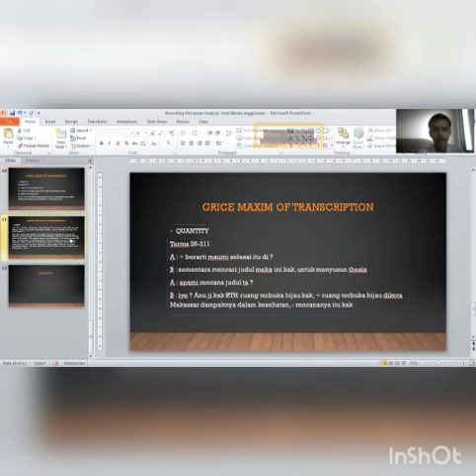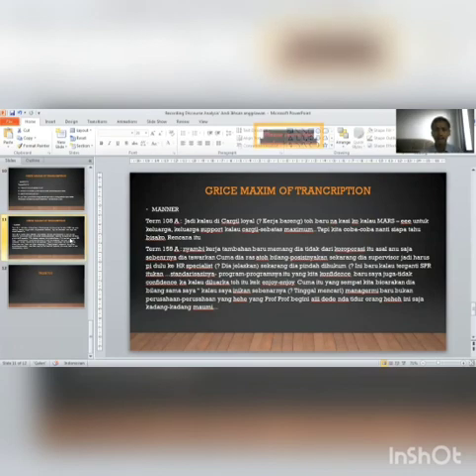And the next is about manner. The last Grice's maxim in my transcription is manner. Here, why I choose term 108, because here speaker A talks about work in cargo loyal.